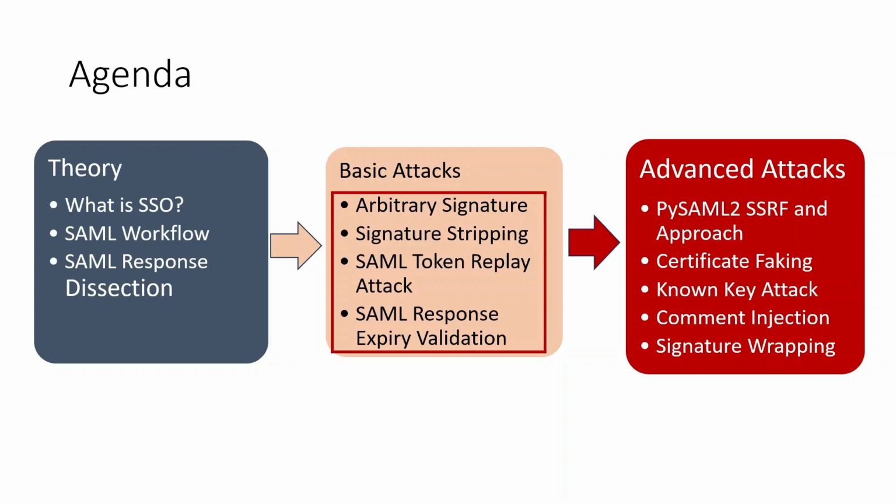You don't forward the SAML response to the service provider until it expires. Once it has expired, forward it and check if it is still accepted by the application provider or service provider. If it is accepted, then they are not verifying the expiry attributes mentioned in the SAML response.